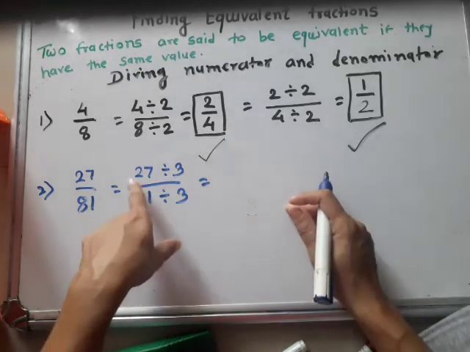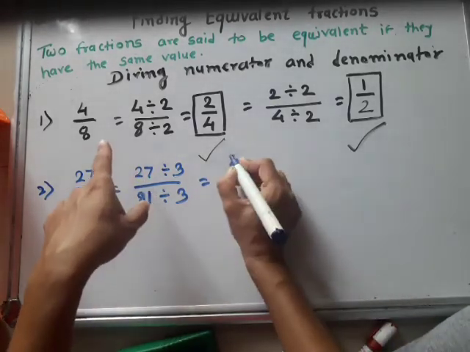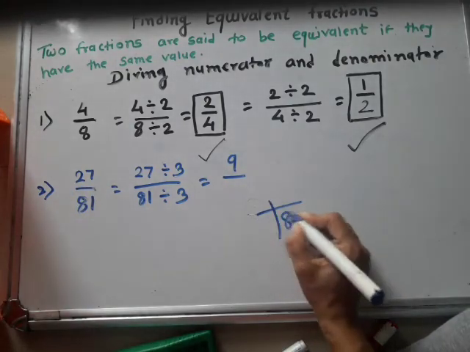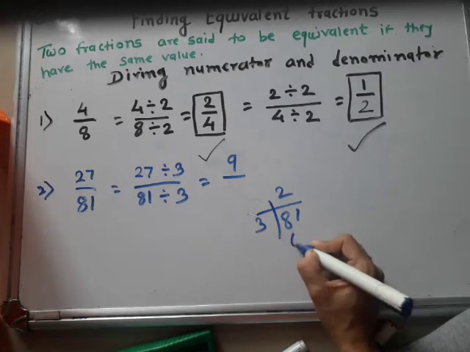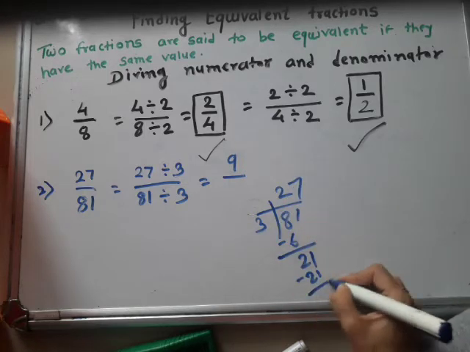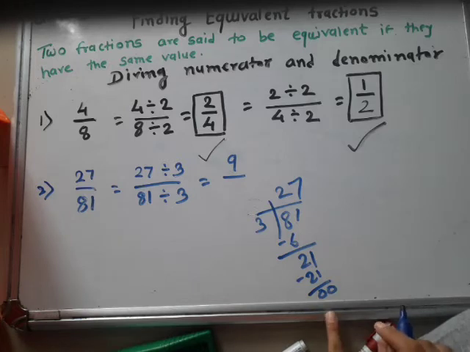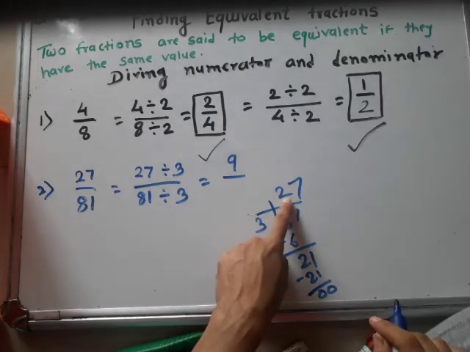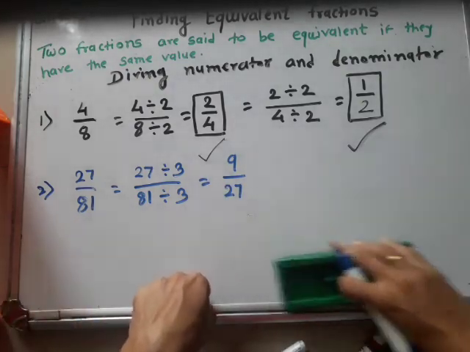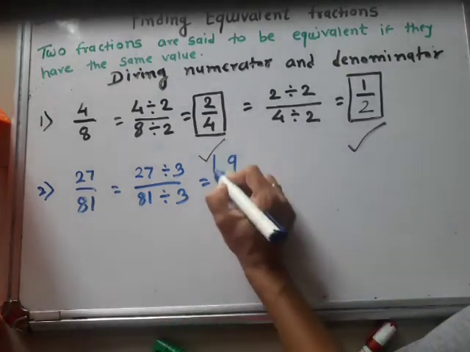See, 3 nines are 27. Then 81. Solve this. 3 2s are 6, 1 remainder. 3 7s are 21. We get 0 remainder, which means we get the answer 27. Now we get this first equivalent fraction.